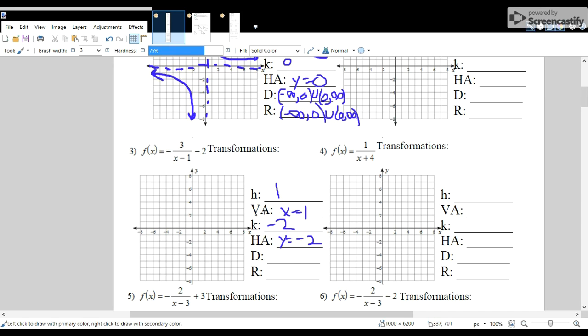So let's draw our asymptotes first. And then we draw our graph.